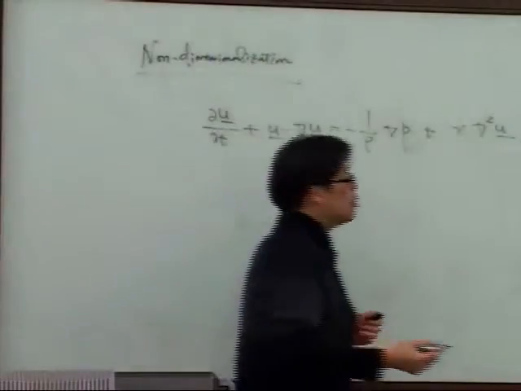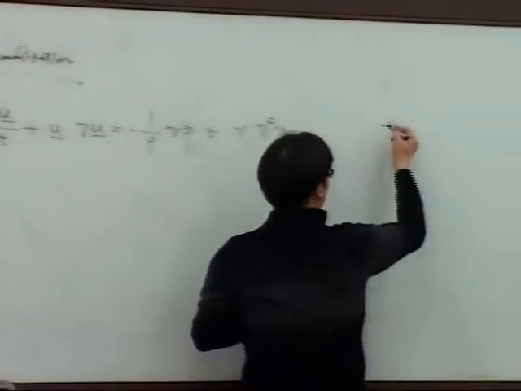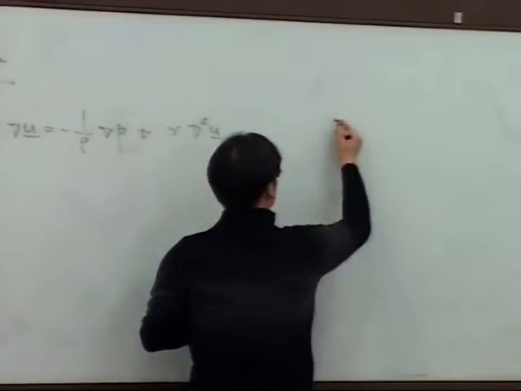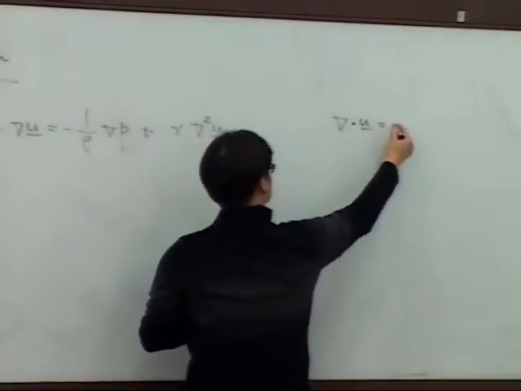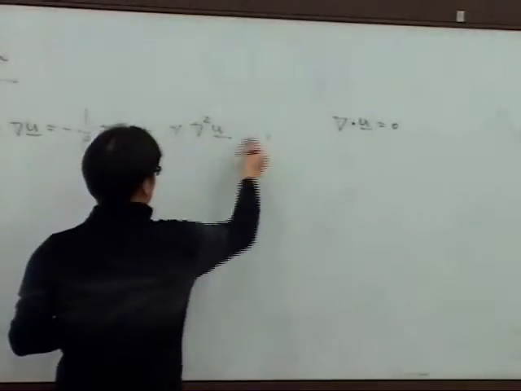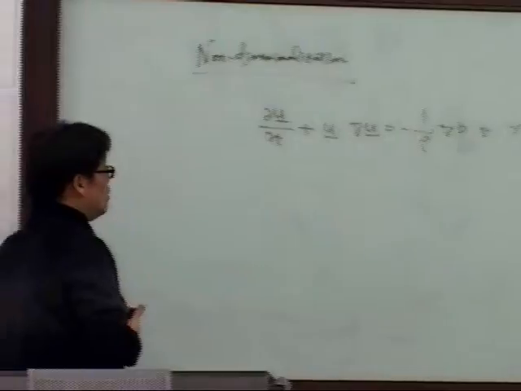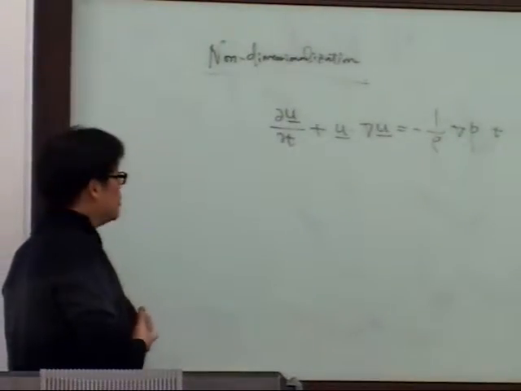Of course, we have to solve, in addition to that, the continuity equation, which is this. So then we have a complete set of equations for velocity u and pressure p.